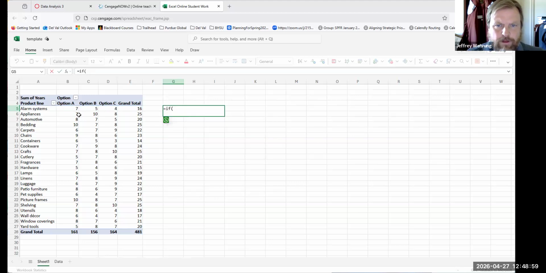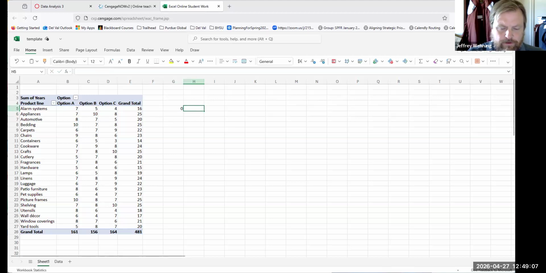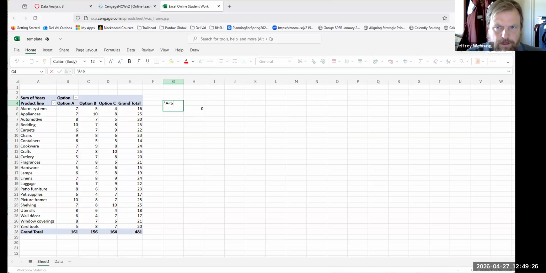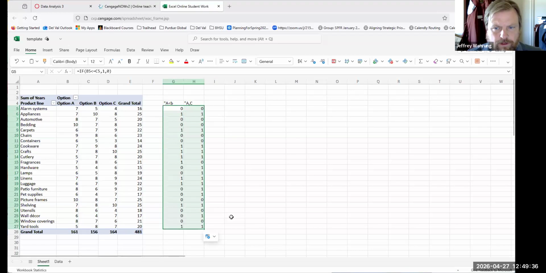Equals IF A is less than or equal to B, comma 1, comma 0. Okay. This one is equals IF A is less than or equal to C, 1, comma 0. There we go. And so this one tells me A less than B, and this one tells me A less than C. So if both of these are true, then I know that A is the shortest.